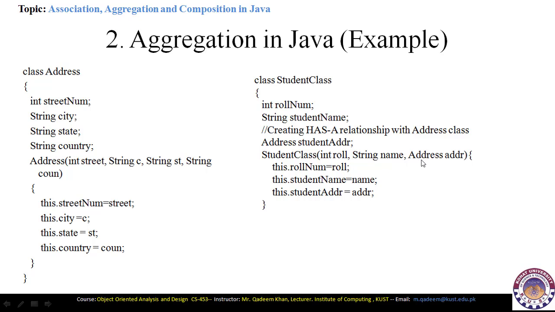Now you can see that Address is in fact an object here. So this.rollNumber, this.studentName, and this.studentAddress is equal to addr. Here you can see that this is another object, studentAddress, and an object is assigned to another object. So this will create the has-a relation.